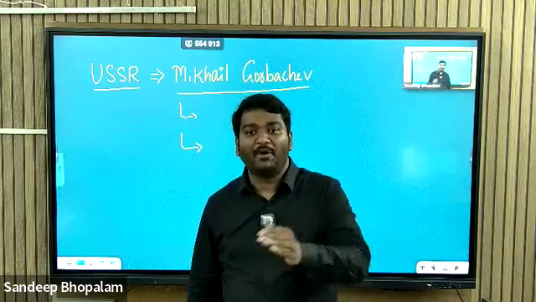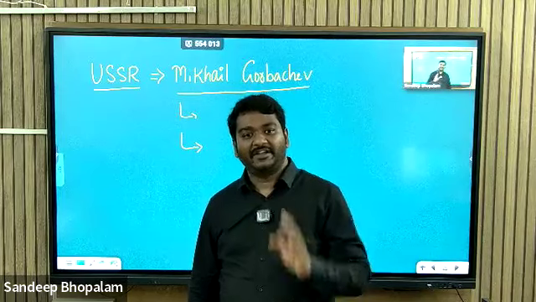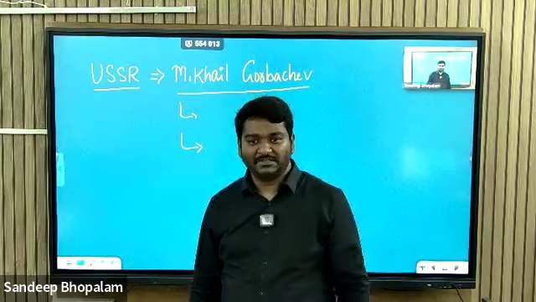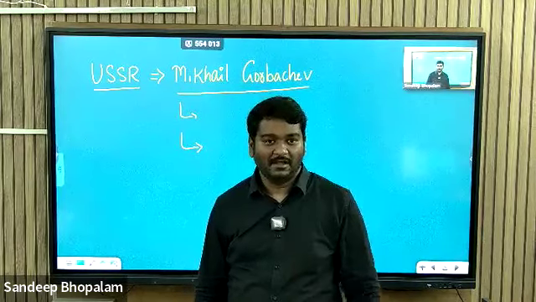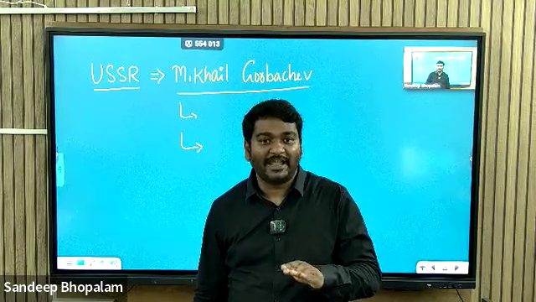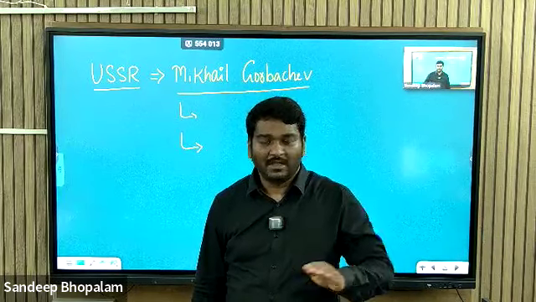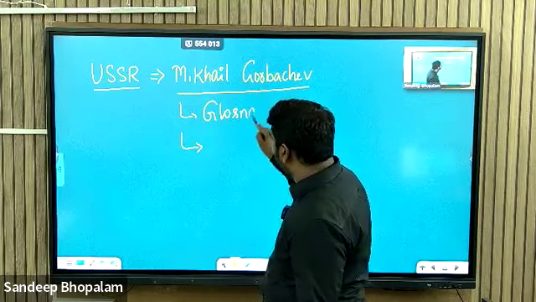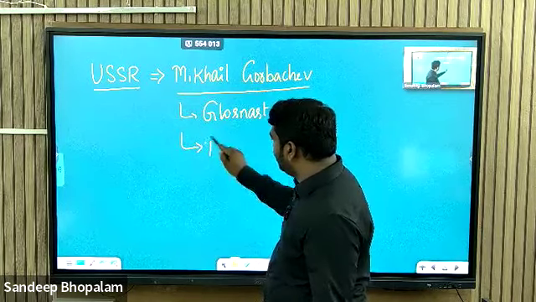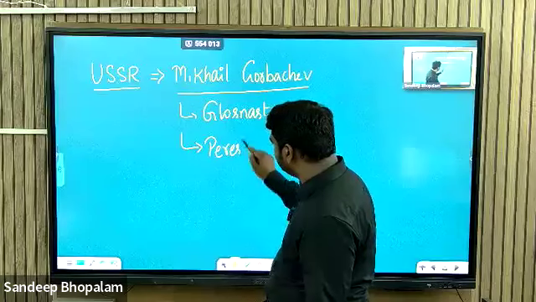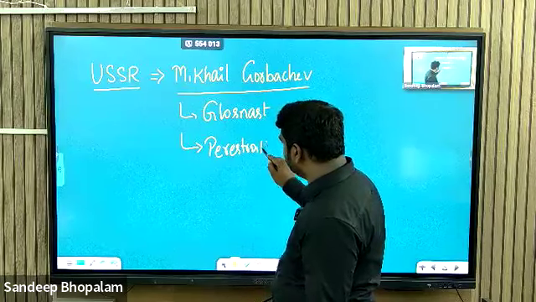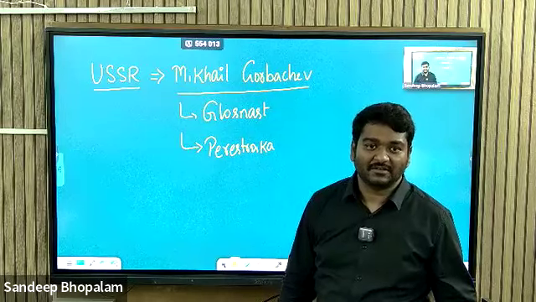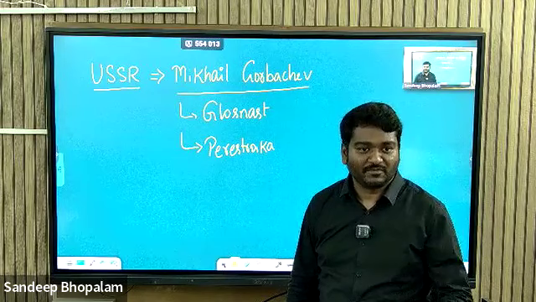We should somehow come out of it. He decided, I think we should privatize some companies and make some money. So he started thinking about what? Capitalism. And he went for Glasnost, Perestroika, which means globalization and privatization, LPG reforms.